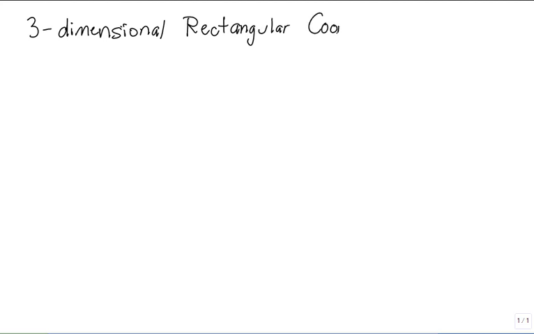All right, let's look at three-dimensional rectangular coordinate systems.